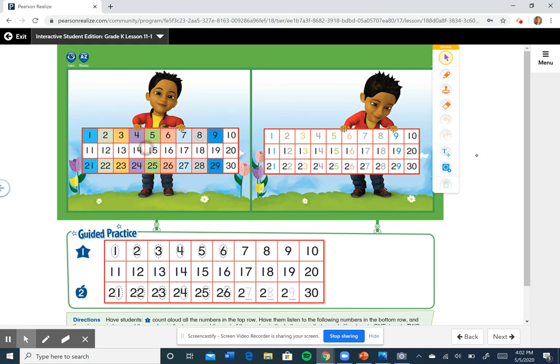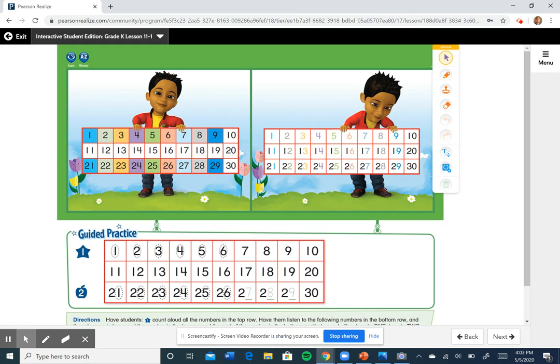Now, how come this middle row wasn't colored in? Because those all sound different, right? If we count in our 20s, it's 21, 22, 23, 24, 25, 26. You notice how I start every number with 20? But if I tried this with the teens, is this 1 teen, 2 teen, 3 teen, 4 teen, 5 teen, 16, 17, 18, 19?